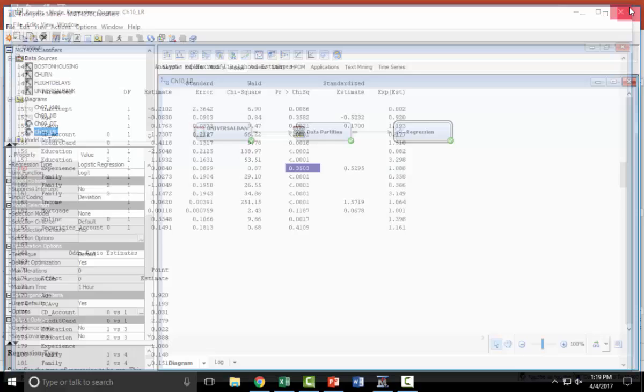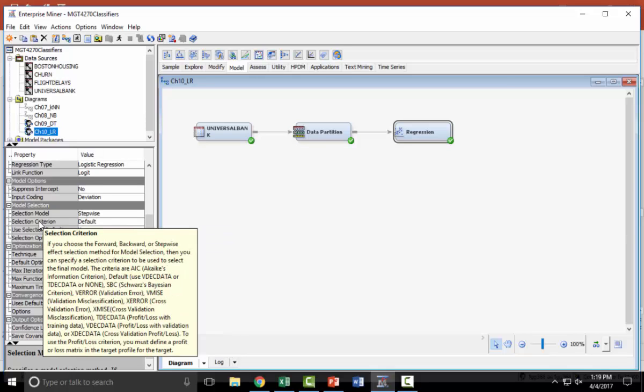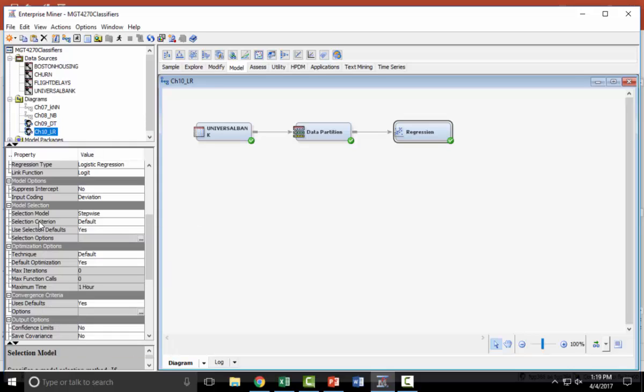So let's do that. Now, if you change the model selection to stepwise, or the other two, either one, then okay, the default selection criterion is the negative log of the maximum likelihood function, which means it will minimize that value, which is the same as saying maximize the likelihood function. But you can change that. You can have validation error.